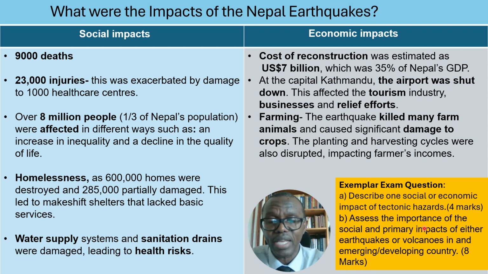Then assess the importance, this is the 8-mark question, of social and primary impacts of either earthquakes or volcanoes in an emerging country. So in this case, because we are talking about earthquakes, you could use information here to talk about earthquakes in this 8-mark question. Okay, so we'll move on. As I said previously, we'll answer these questions in a separate video so that we can complete the case study.